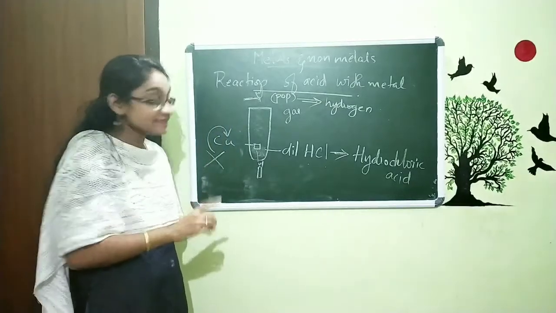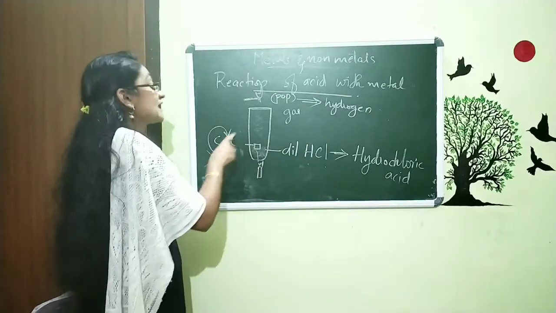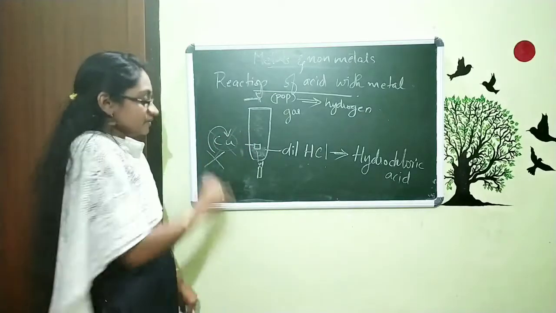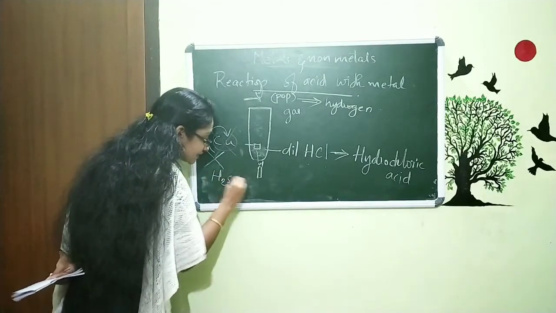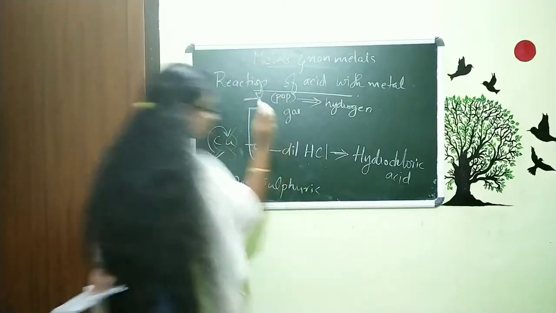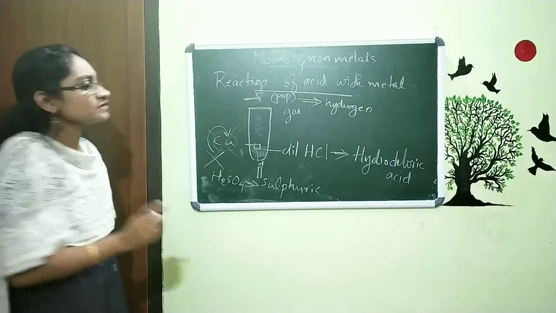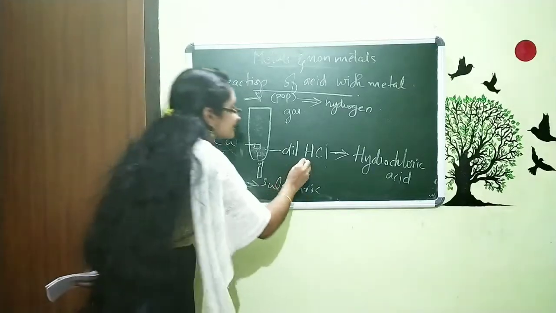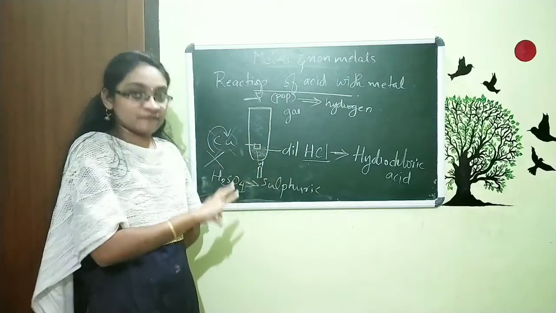So other metals react with hydrochloric acid, but copper is not at all reacting with hydrochloric acid. But this copper will react with sulfuric acid. H2SO4 is what? Sulfuric acid. With the sulfuric acid, this copper will react and you can see the bubbles and also hydrogen gas. So, you just want to understand that for each and every acid, the rate of reaction, everything will be different.